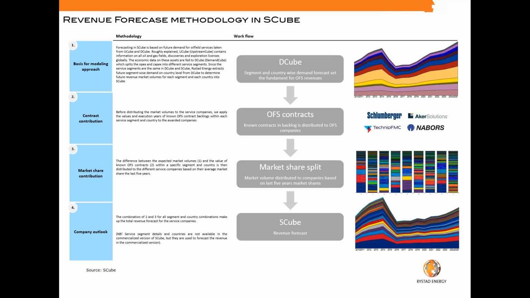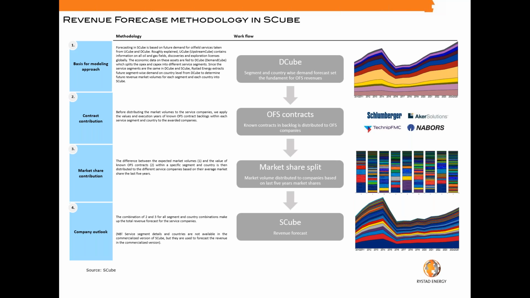And before we distribute the market volumes to the service companies based on historical market shares, we firstly apply execution years and values for known oilfield service contract backlog within each segment and country to the awarded companies.